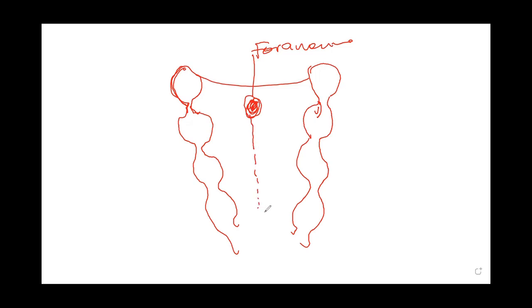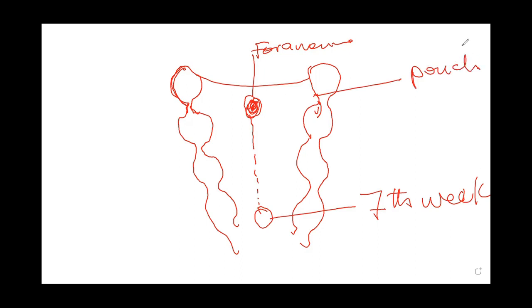So the final position of the thyroid gland is at the 7th week. This is the first pharyngeal pouch at the level of the foramen cecum, and this median bud appears at the 4th week of intrauterine life.